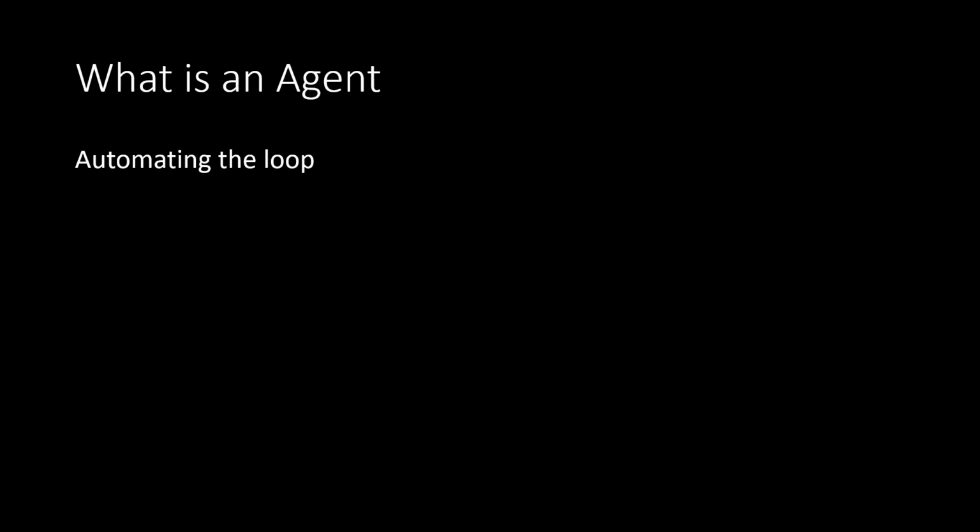I top it up with another question: instead of giving me the information in this style, add this information also. Then again my question goes to the LLM, it rethinks and generates some other response. So there is always a to and fro. Maybe after a couple of messages exchanged between you and the LLM, you are able to get the final answer, isn't it? Let's say you want to write some code.